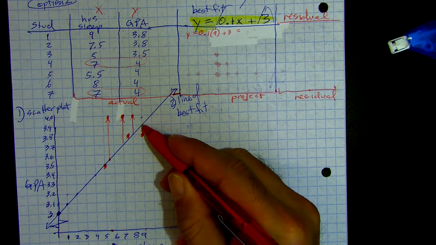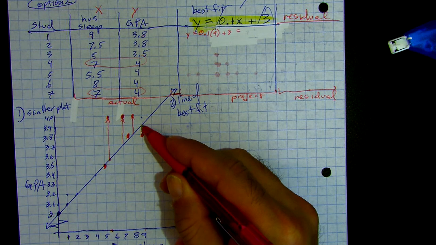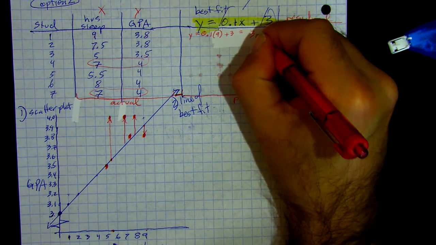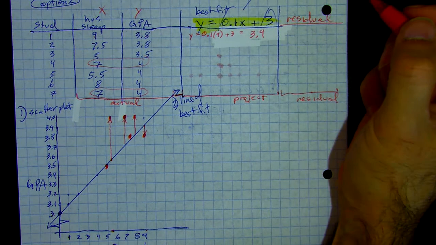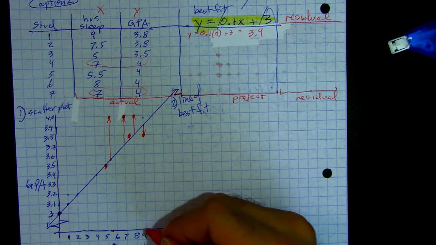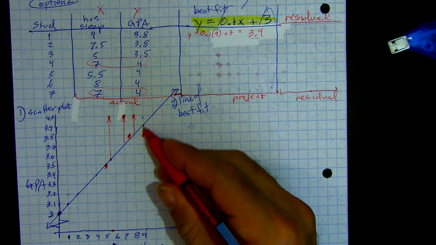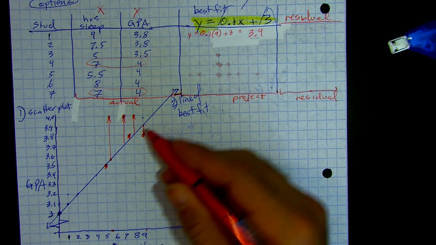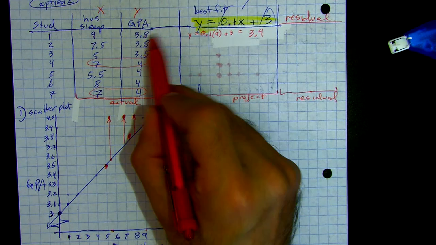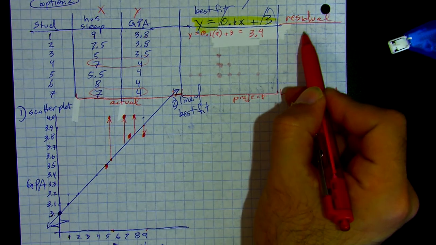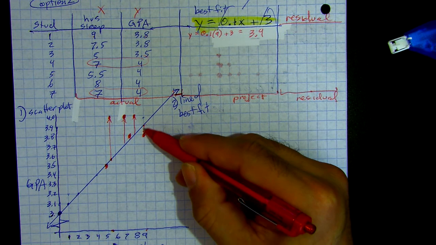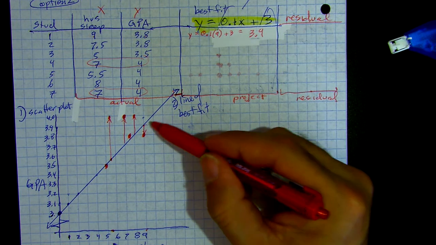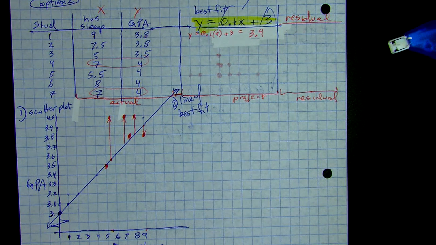At 9 hours, it's at 3.9. So that makes sense. The best fit line is just what's projected. Now, did that person that sleeps 9 hours get 3.9? No, they got 3.8. And when we subtract these, 3.8 minus 3.9, we're going to get negative 0.1 as our residual, because it's 0.1 below.